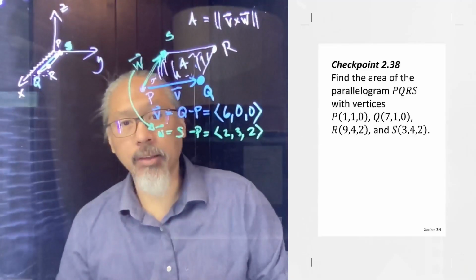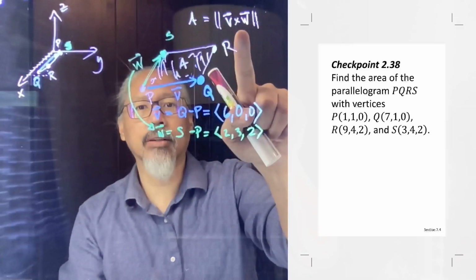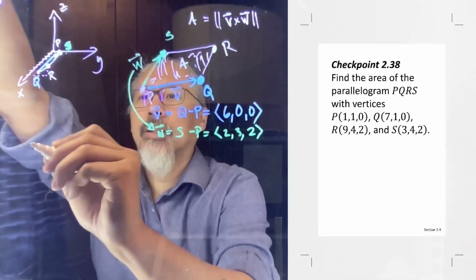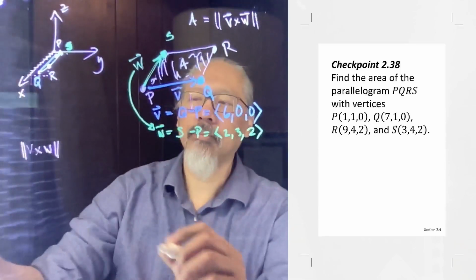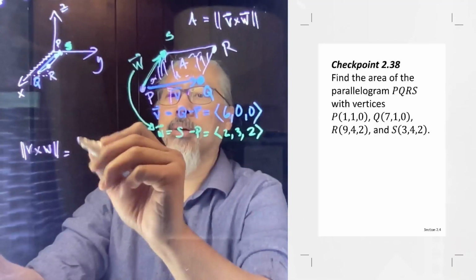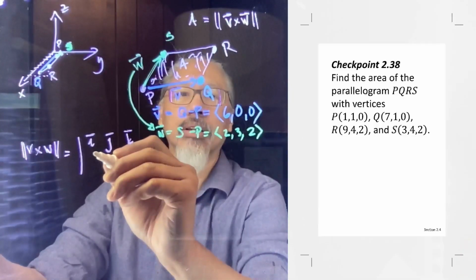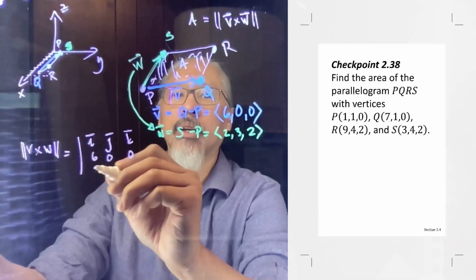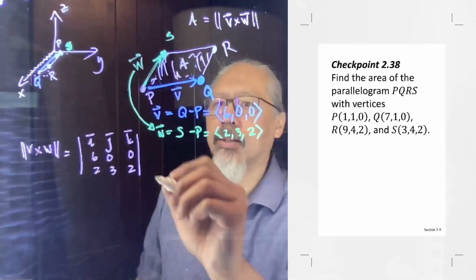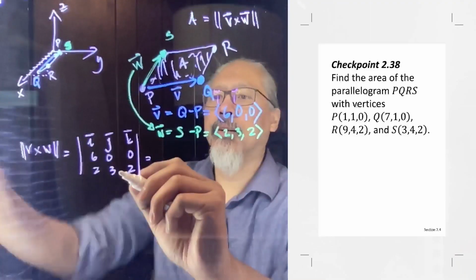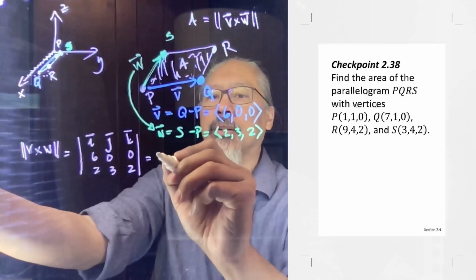Now we have the vectors we want, and the next step is to take the cross product, and then we'll take the magnitude. So let's take the cross product of V and W. We'll set up our matrix with I, J, K. Our V is (6, 0, 0), and W is (2, 3, 2). In the I direction, it's going to be 0 minus 0.